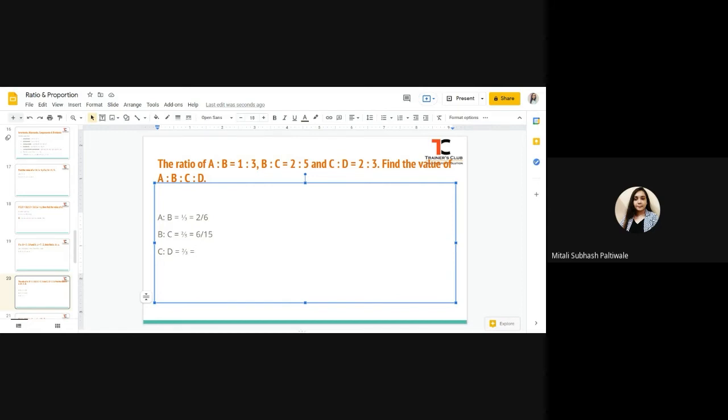Look at this. If I'll be equalizing, then what exactly is happening over here? I can equalize B, but what about C? Because C is 5 here and C is here too. So then you have to do one thing. Now just to equalize all of them, I'll be telling you something and you'll always follow that.